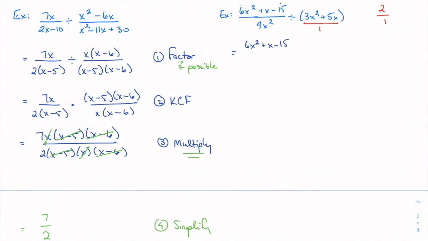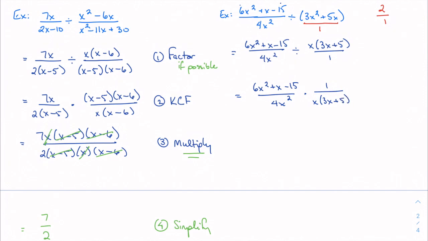4x squared obviously doesn't factor. But 3x squared plus 5x has a common factor of x. That leaves me with 3x plus 5. So we're going to keep, change, flip, and multiply.